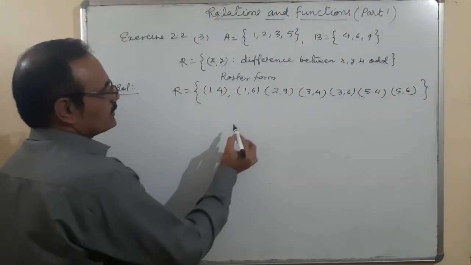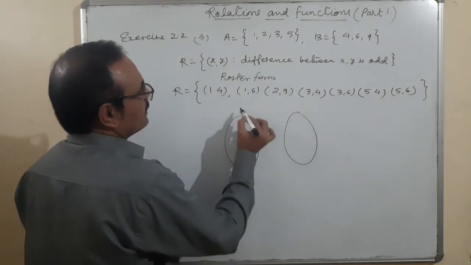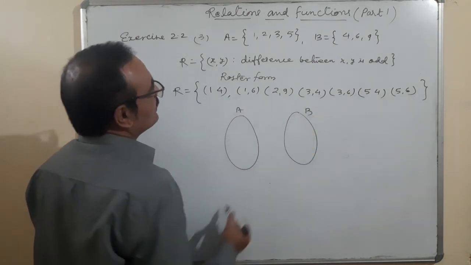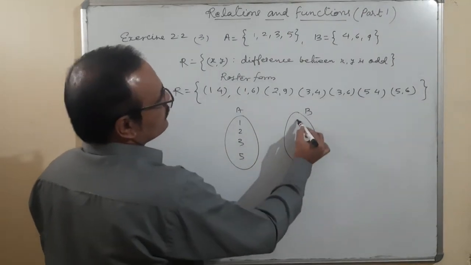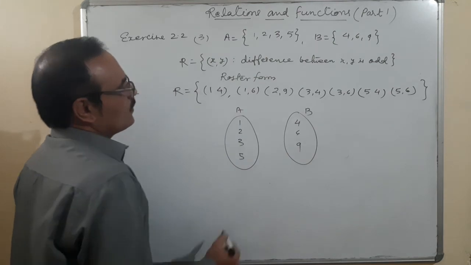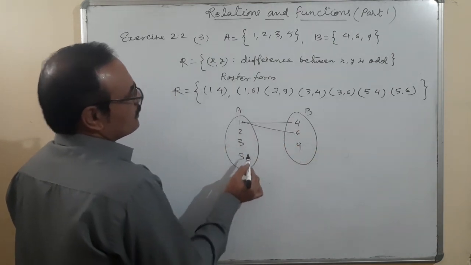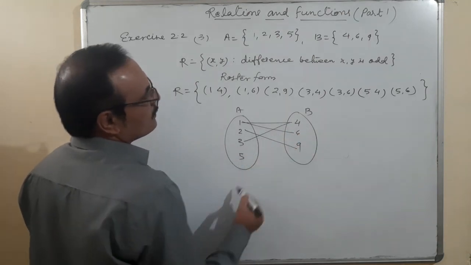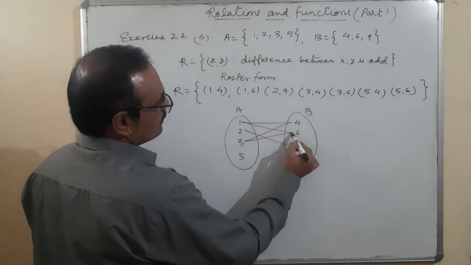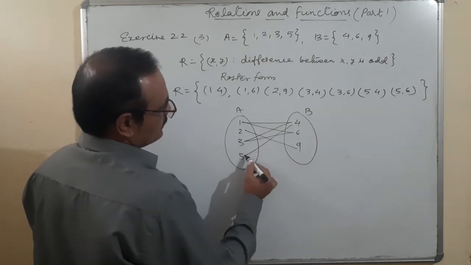If you want to express it in the form of a diagram, then how to express this? A and B: 1, 2, 3, 5, and 4, 6, 9. 1 is related to 4, 1 to 6, 2 to 9, 3 to 4, 3 to 6, 5 to 4 and 5 to 6.